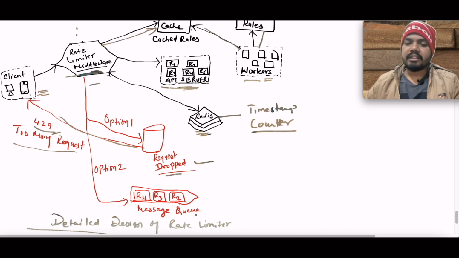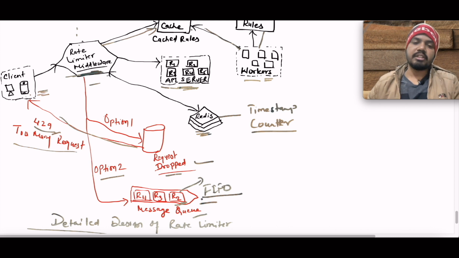If a message queue is available, meaning we implemented the message queue, it will put the request into the message queue. After some time, on the basis of the FIFO system, the message queue will pass the request on. Whatever request comes first, goes out first. All the requests which are rate limited will be put into the queue, and then after some time this queue will be processed.